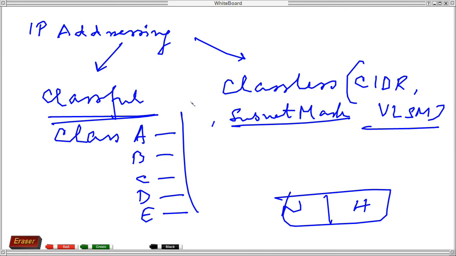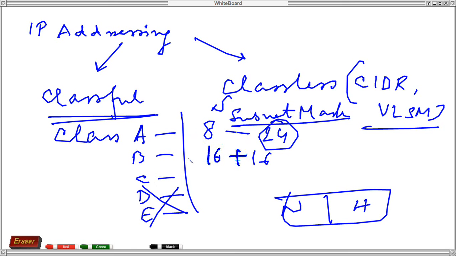In class A it is 8 bits in network and the remaining 24 bits in host. In class B it is 16 plus 16, and class D and E are not required here because they are for multicasting and future use. Now in class C it is 24 bits and 8 bits. Now it is very much rigid.